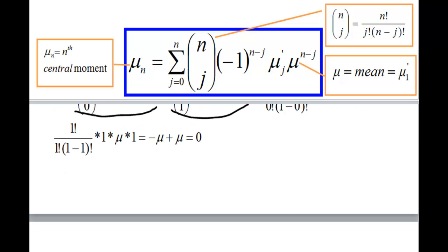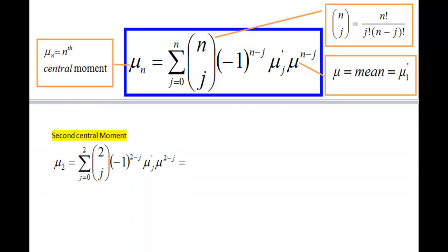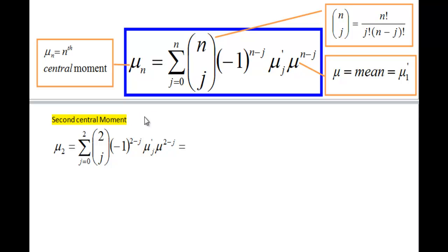calculating the second central moment, which we've got here. Calculating the second central moment is easy. We have to set n equals 2, and we know that j will be equal to either 0, 1, or 2, because we have to sum all the terms from j equals 0 to n, so there'll be 3 integers, 3 terms.